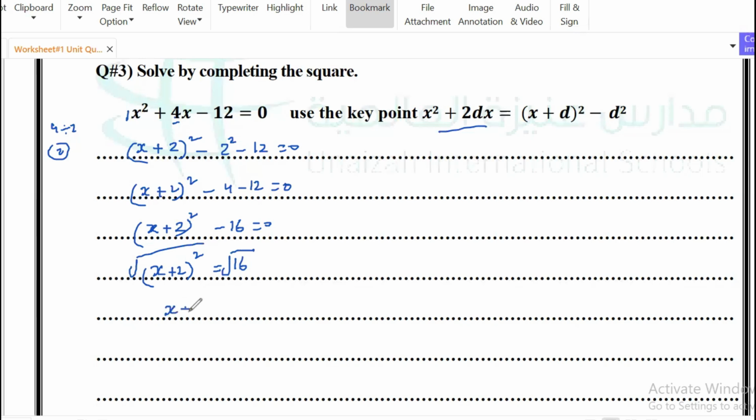That gives me x plus 2 equals plus minus 4. And it means we have two options. One is x plus 2 is equal to 4. And second option is x plus 2 is equal to minus 4. So x is equal to 4 minus 2, and from here x is equal to minus 4 minus 2, which means x is equal to 2 and x is equal to minus 6. So we have these roots which are 2 and minus 6.